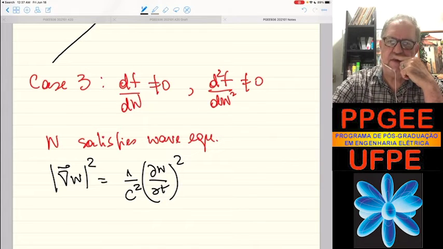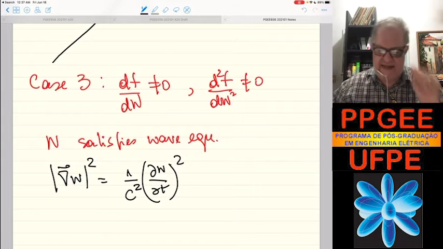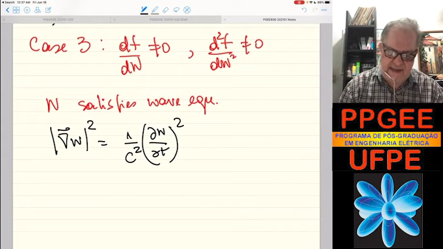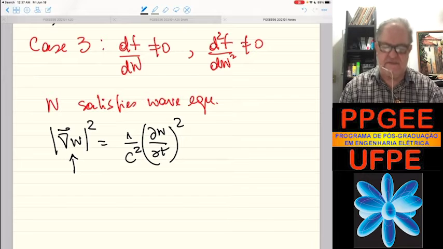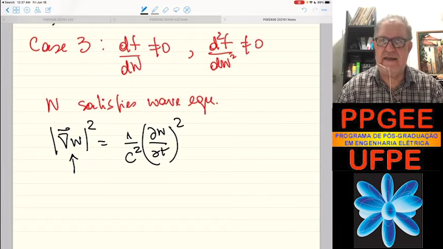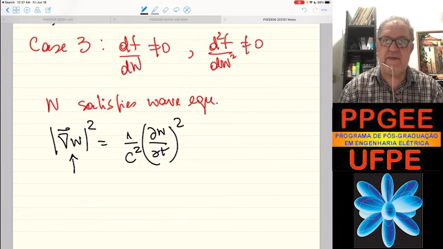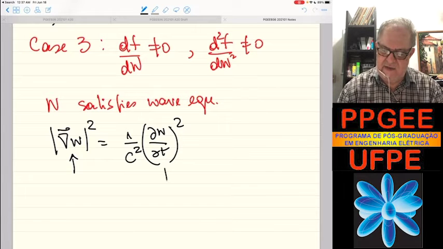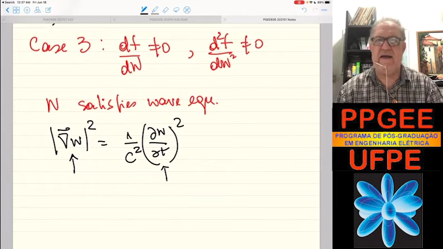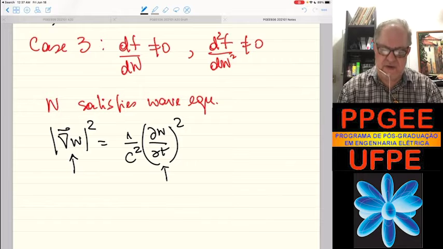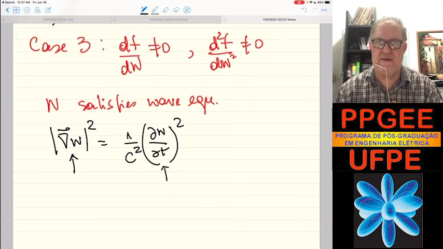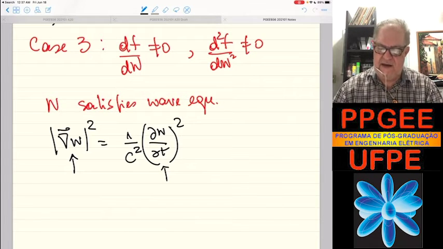What we have is that the gradient is a constant vector, right? That's the only possibility. The gradient must be constant, and it is a replica of dW dt, which also, if I choose the gradient a constant vector, and the time derivative also a constant value, I can satisfy this equation, right?